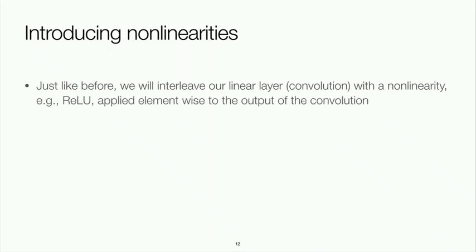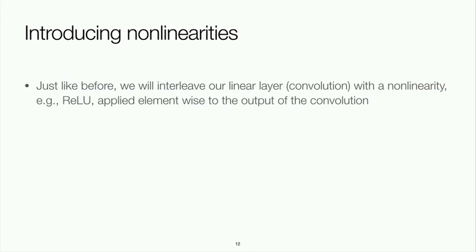So we will interleave our convolution linear operation with a nonlinearity, something like a ReLU, from a rectified linear unit. It just cuts off all the negative inputs, applied element-wise to the output of the convolution.